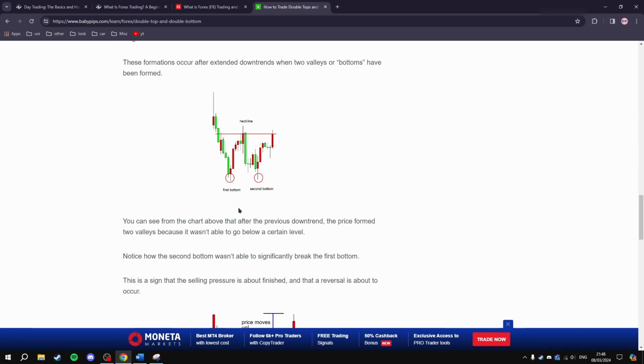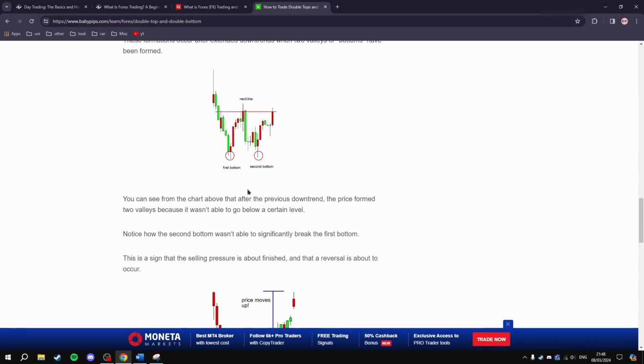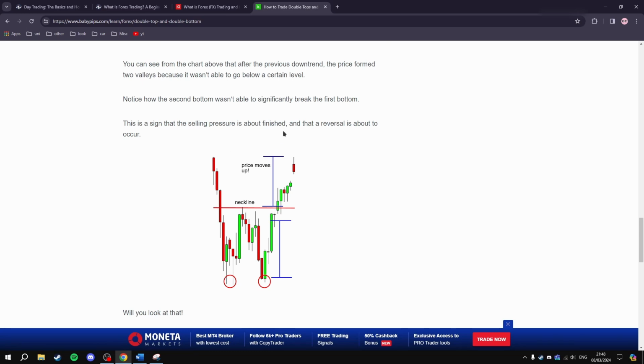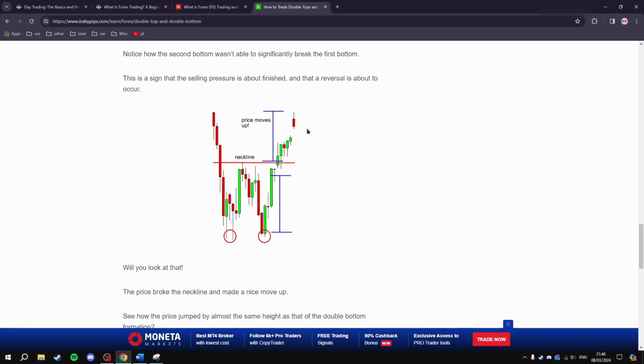So we can see from the chart above that after the previous downtrend, the price formed two valleys because it was unable to go below a certain level. Notice how the second bottom wasn't able to significantly break the first bottom. This is a sign that the selling pressure is about to be finished and that reversal is about to occur.